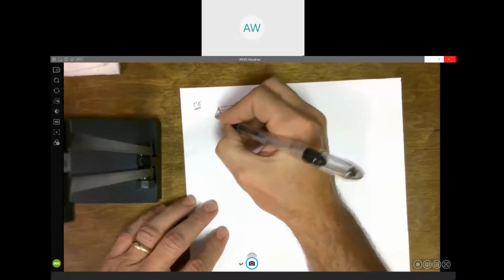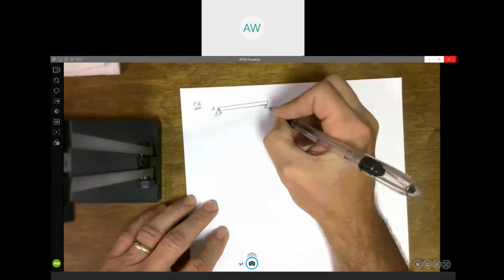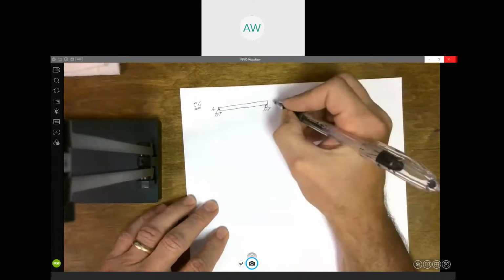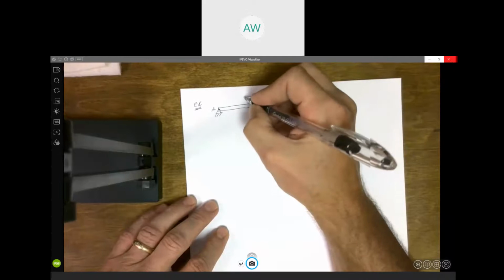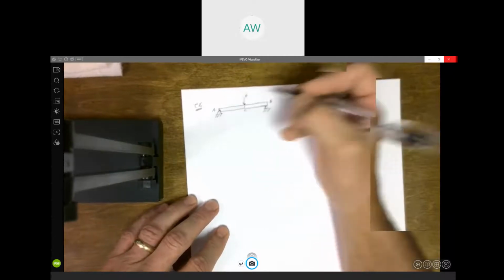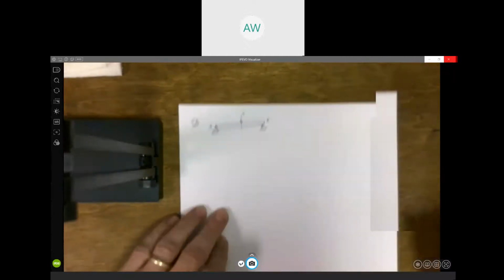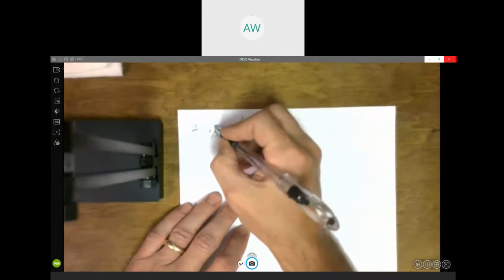Got a pin support here at A. Roller support at this end, B. And we're going to put some concentrated force, P, acting right in the center of this beam at point C. It's right in the middle.